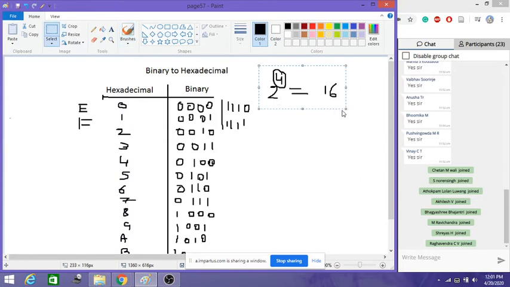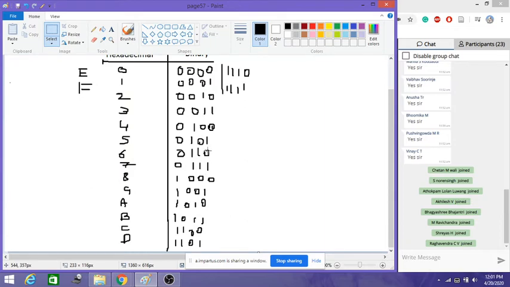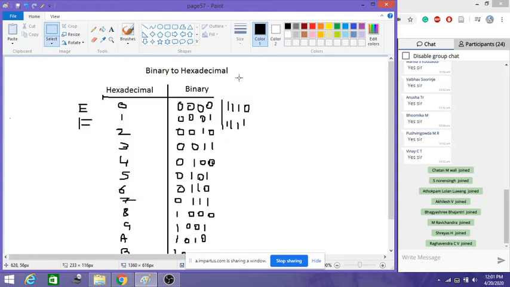Let us look into the example here, and I hope you know how this table is written. It is written in the same way as we wrote octal. The only thing is that one more level of bits is added. Let me shift this up.